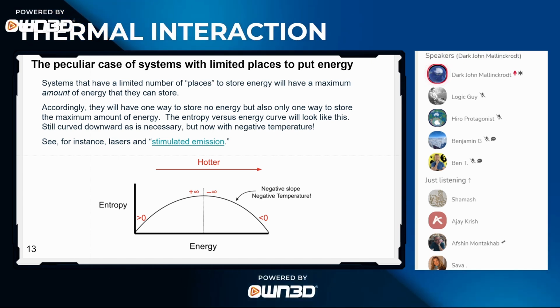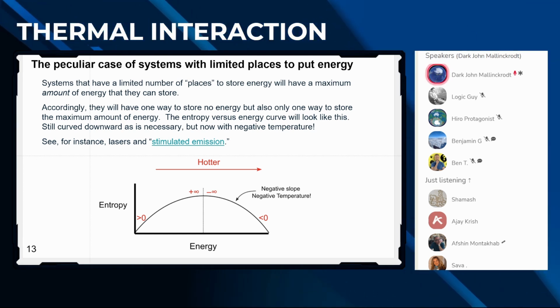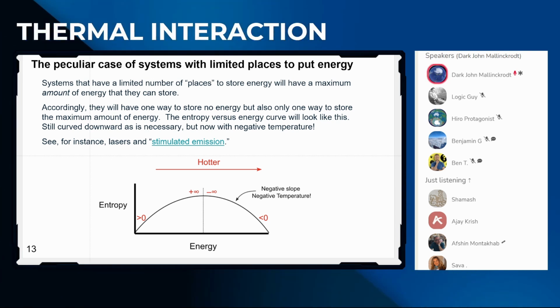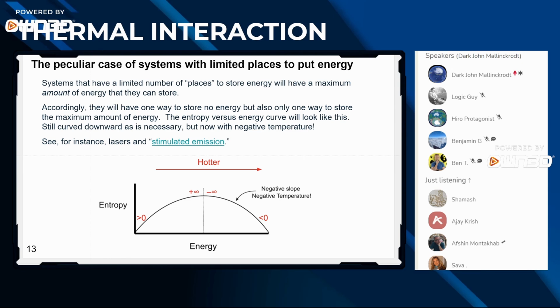So you've got a photon coming along with just the right amount of energy to promote an electron, but it finds an electron that has already been promoted. And what happens is that it causes that electron to jump back down and emit another photon of exactly the same energy as the one that stimulated the electron to jump down and emit its photon.